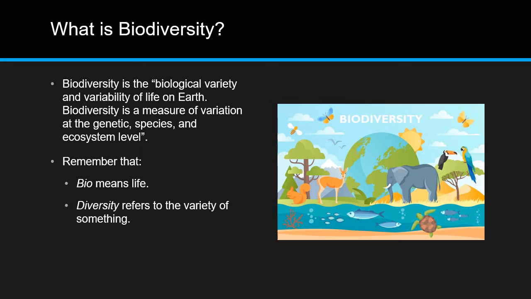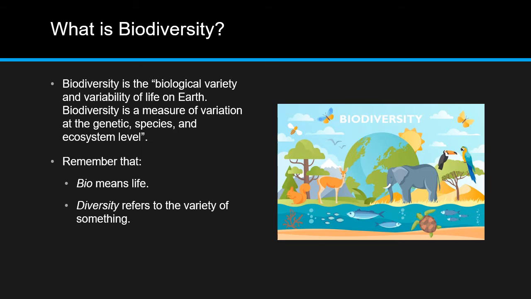That geographical area can be as tiny as a small pond and as big as the entire Earth. A good way to remember what biodiversity means is to remember that bio means life, and that the root of the word diversity refers to the variety or variability of something.